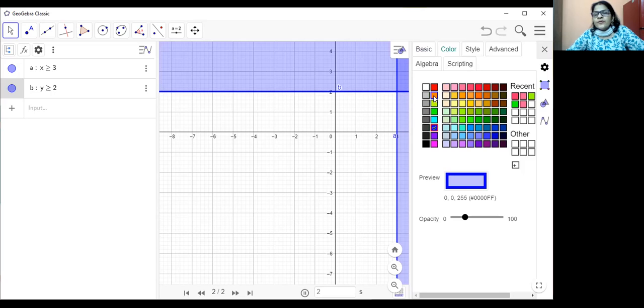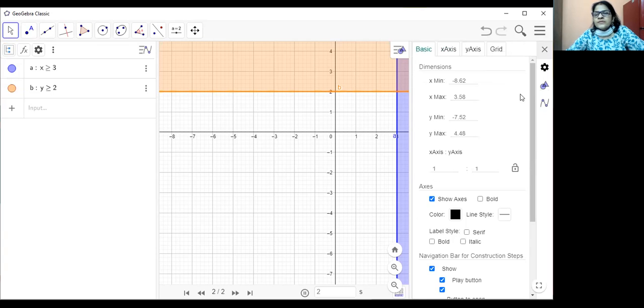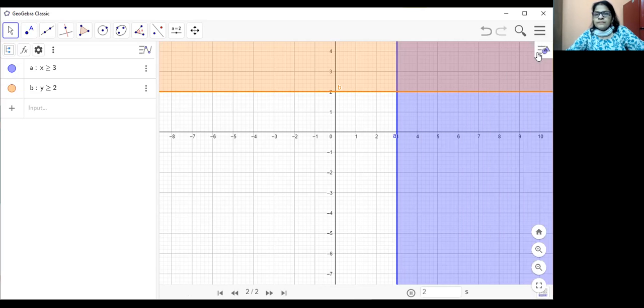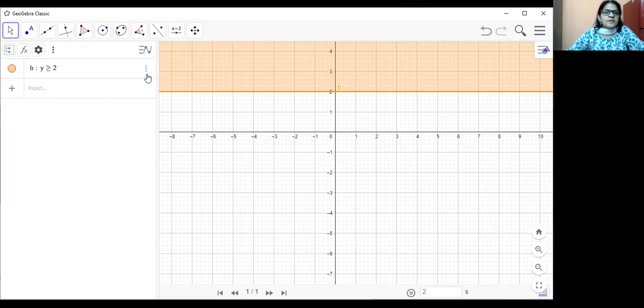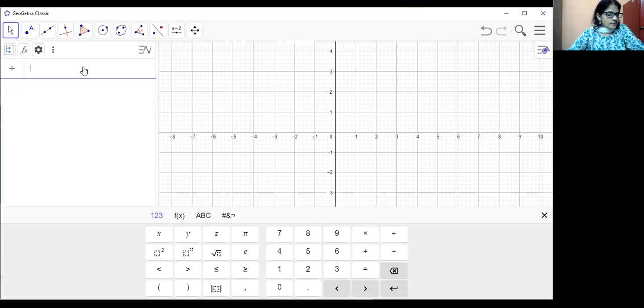Okay, let me take this one. So here you can see this common portion can be taken as the feasible region. Let me just remove it. I'm deleting it.